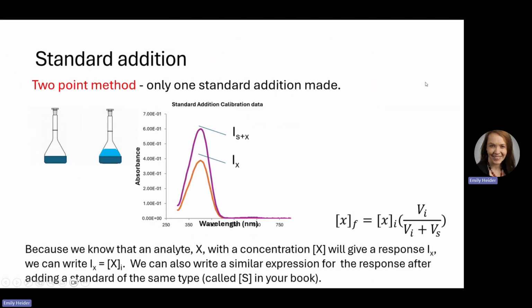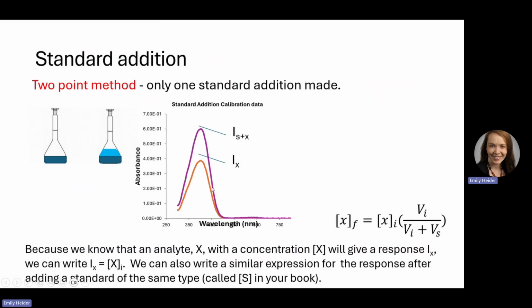So what do we do next? Now that we've got our sample prepared that's been diluted and our standard prepared that's been diluted and also contains our matrix and our unknown, we're going to measure a signal. In this example, I've measured absorbance of both flasks.